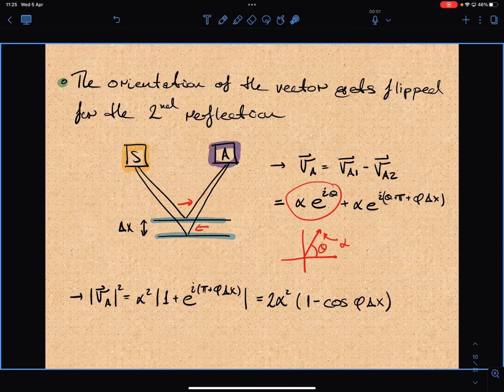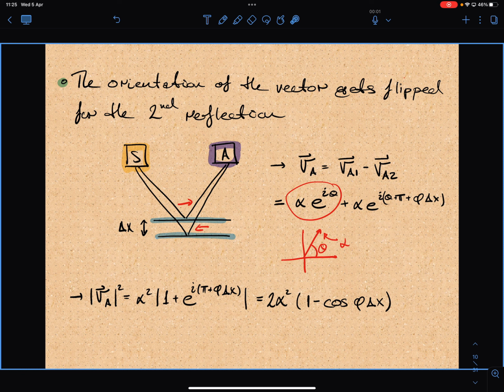So what I'm denoting here is that we go through this path, this reflection, and alpha is going to be my coefficient of reflection, and theta is going to be how much the phase angle has shifted in this whole path. And that's for the first path, for the first reflection.